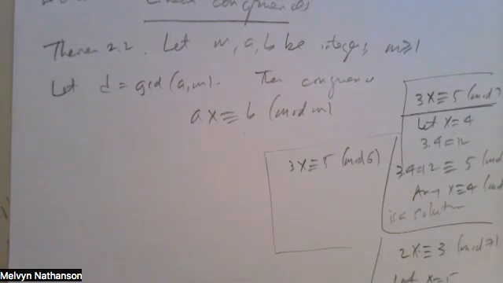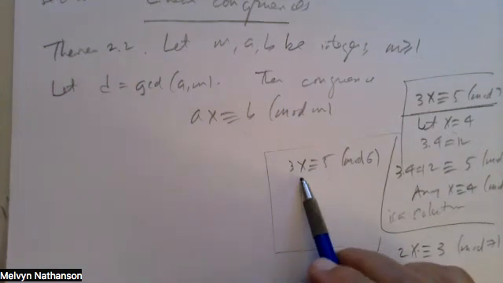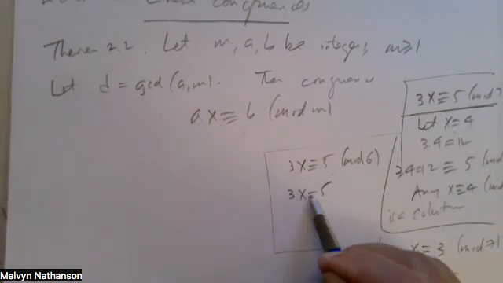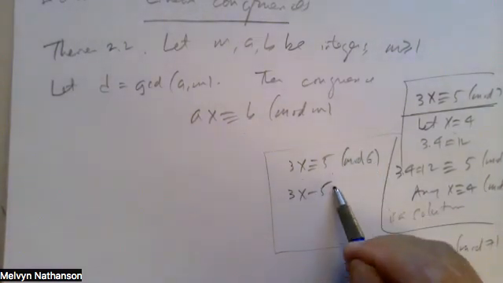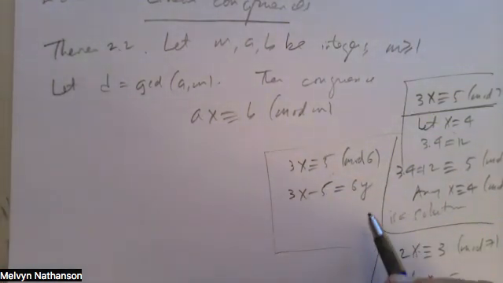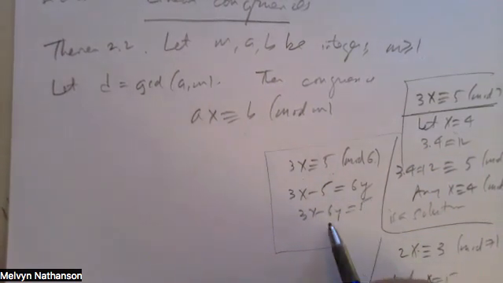So you can try all the numbers, 0, 1, 2, 3, 4, 5. There's no solution. And why is there no solution? If x were a solution of this equation, then 3x minus 5 would be divisible by 6. That is, it would be equal to 6 times y. Or if I rearrange this, 3x minus 6y would equal 5.